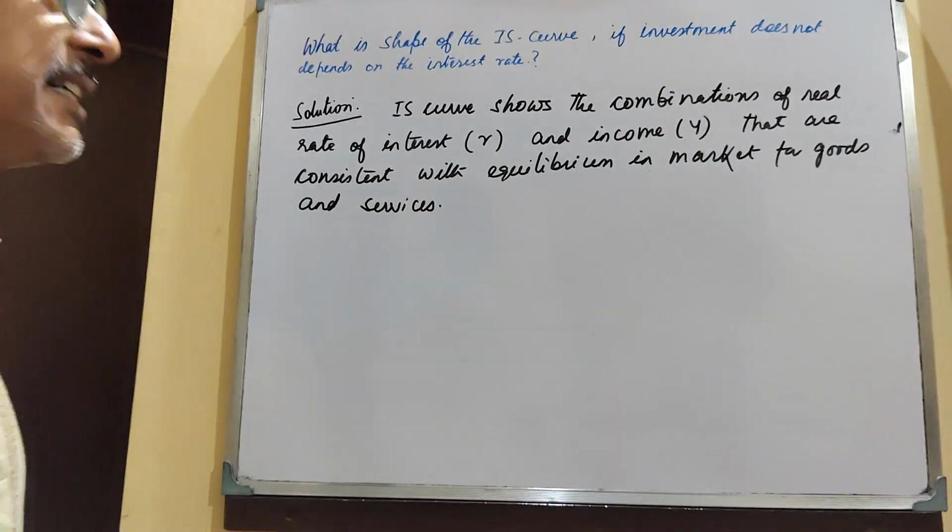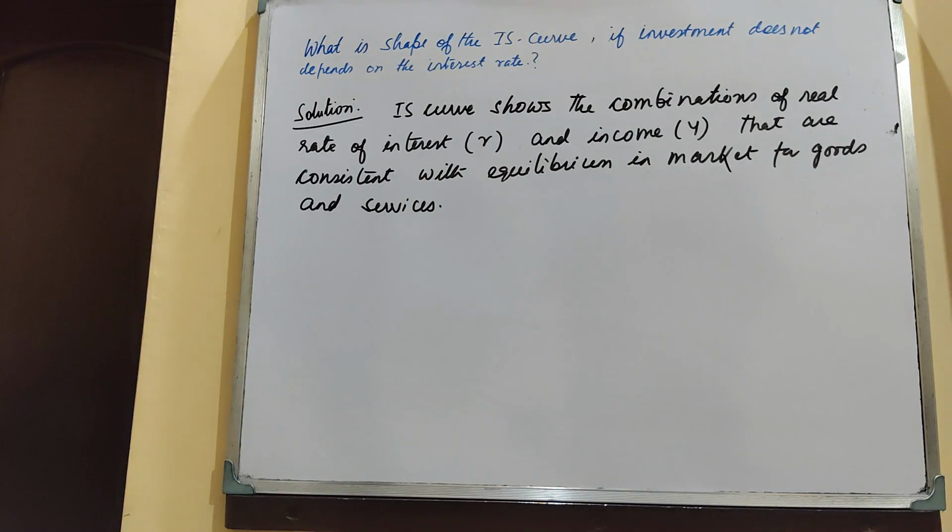That is, the IS curve shows the goods market equilibrium.